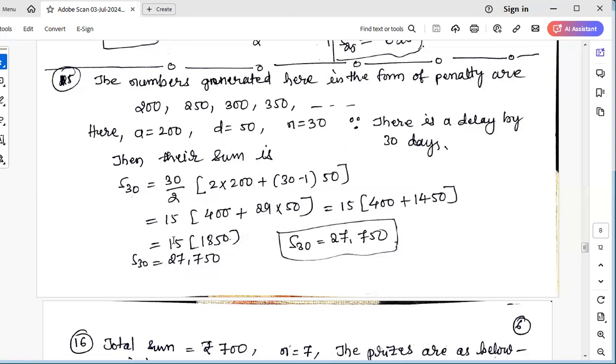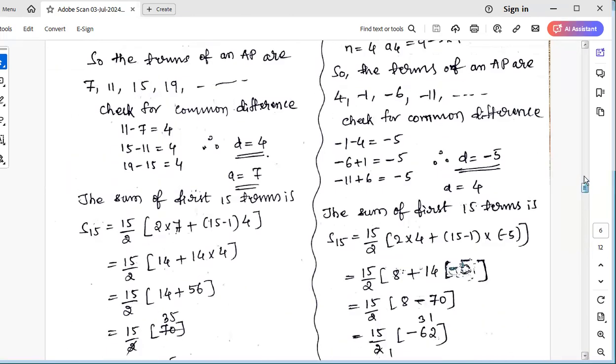So that is multiplied by 15. So this gives 27,750. So the penalty for 30 days the contractor has to give is 27,750. So in this way, problem number 15 is also solved.